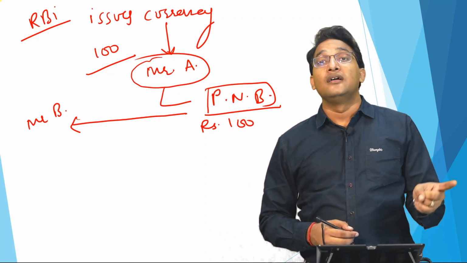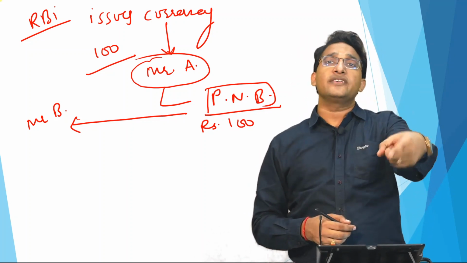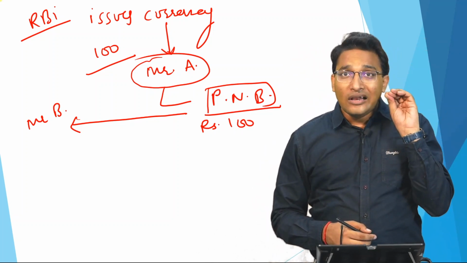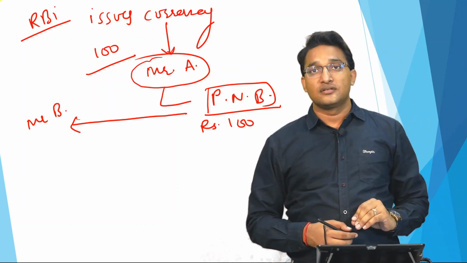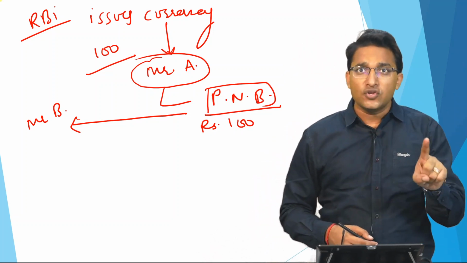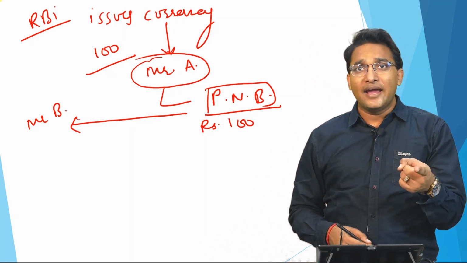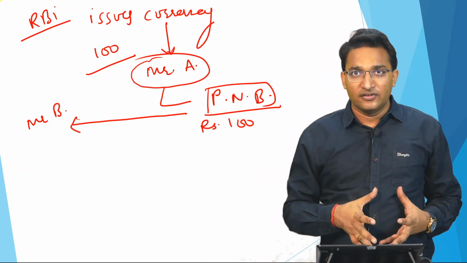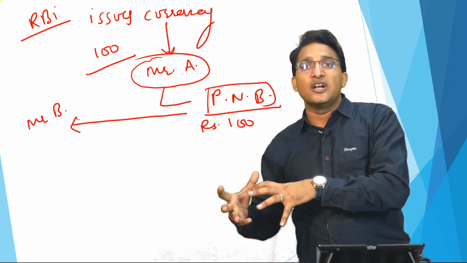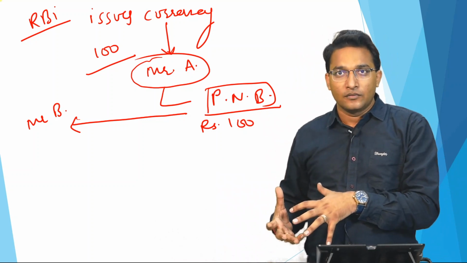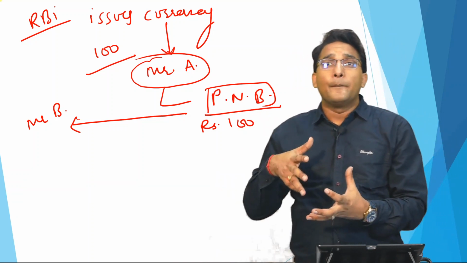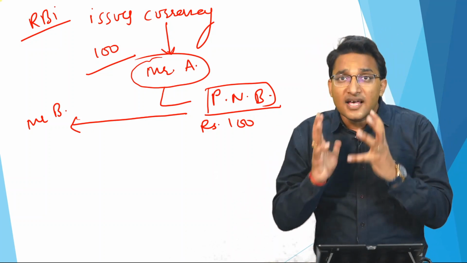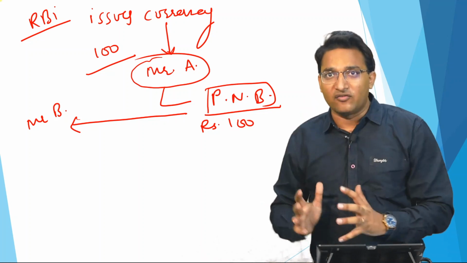Can Punjab National Bank lend 100 rupees or more than 100 rupees or less than 100 rupees? So, the answer is, it can lend less than 100 rupees. It cannot lend the entire amount because Punjab National Bank is supposed to keep some of the money with itself and some of the money with the central bank, the Reserve Bank of India. So this money which the PNB has to keep with itself or with the RBI is called the reserve. It is called the bank reserve.